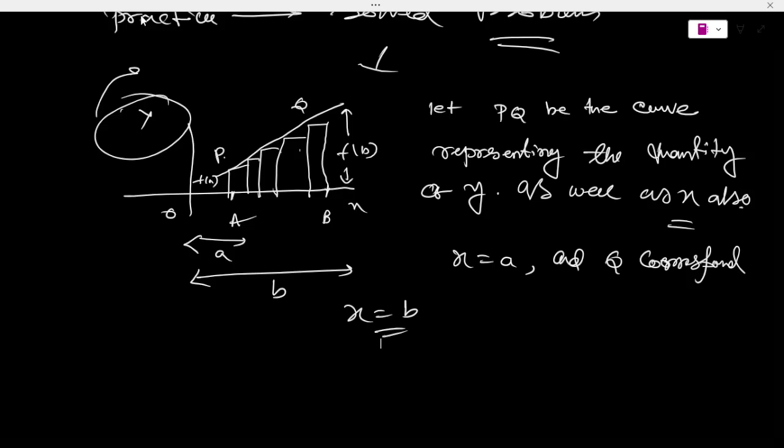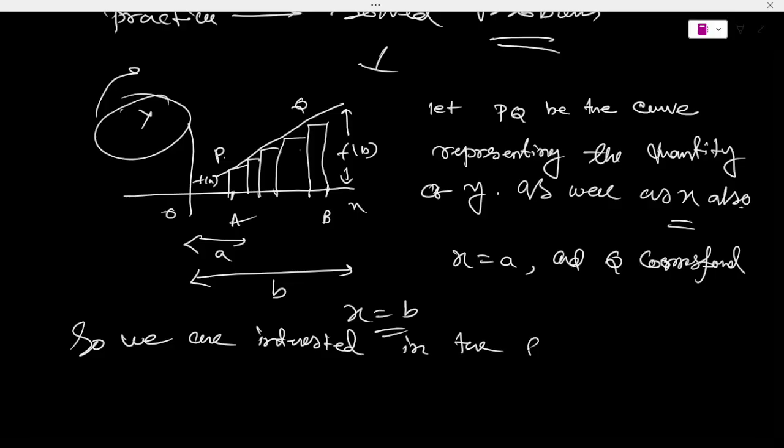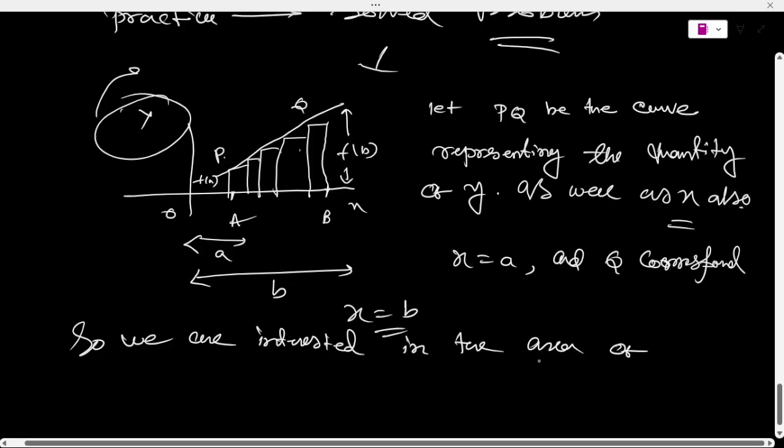We are interested in finding the area of PABQ. So let's say this is P, this is A, this is B and Q. P, A, B, Q. We'll find this area.